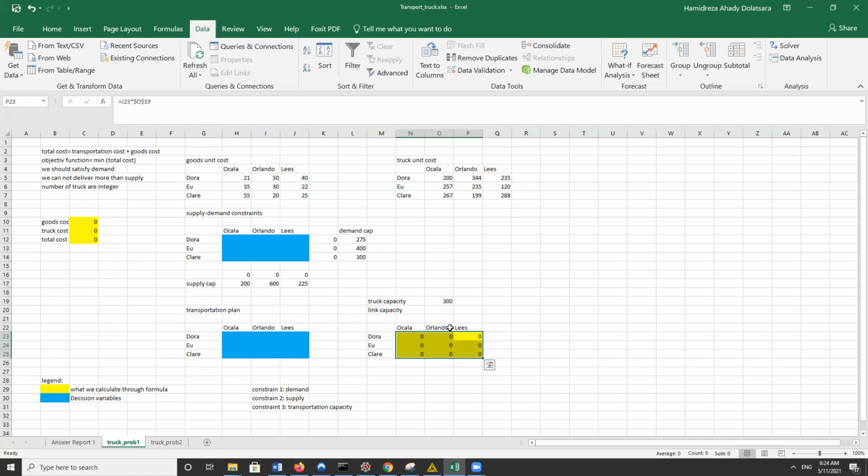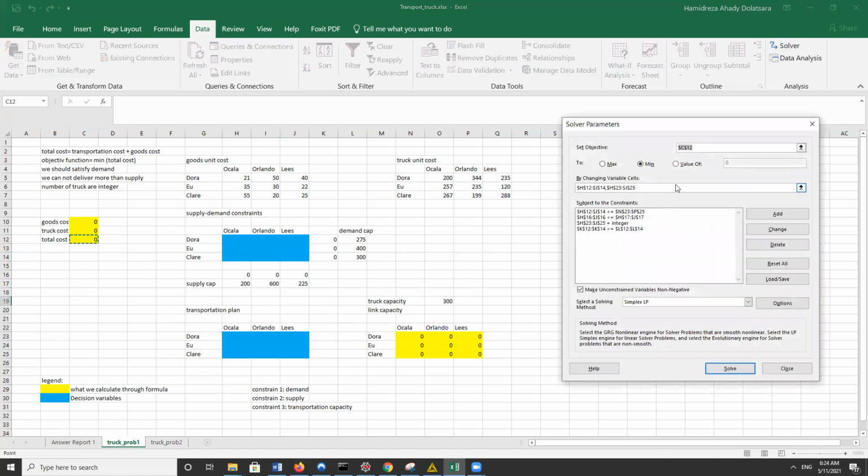So this yellow cell would be the number of trucks that you make in the second blue cell times 300, showing the capacity of that link, for example, the Orlando to Dora link. Whatever capacity of trucks you have here should be more than the products that you send in that link.